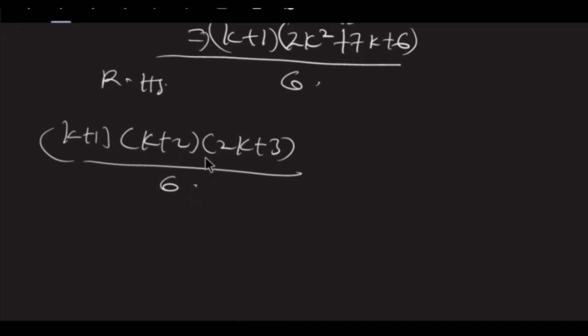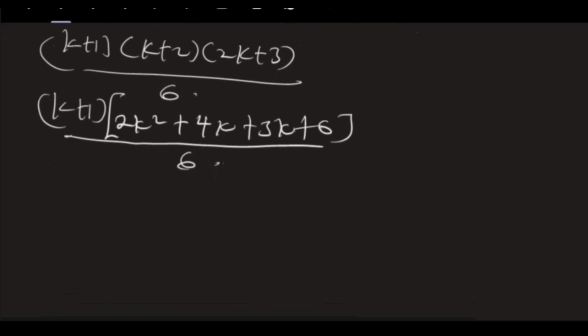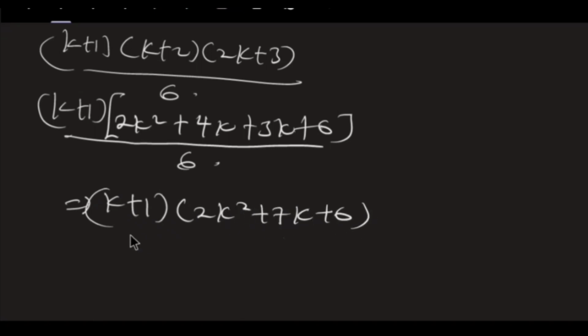So we can multiply this out here. So k plus 1, we want it to look like this, so k plus 1 will stand out. So I'll get 2k squared plus 4k plus 3k then plus 6, all this on 6. Then I'll move further to get k plus 1, 2k squared plus 7k plus 6 all on 6.